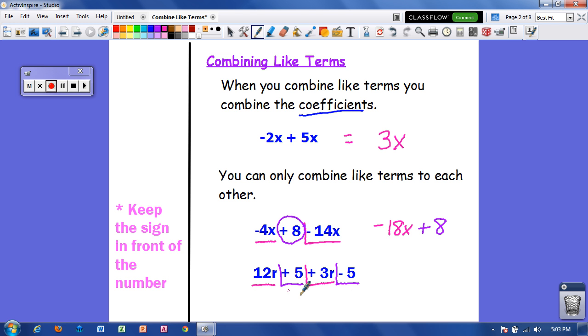So 12r plus 3r, 12 plus 3 is 15, so that would give us 15r. Now, this is adding 5, but we're going to treat it like a positive 5 since the plus sign's in front of it. So we have a positive 5 minus 5, which we know is 0. So we don't even have to write anything here because we know that just means 15r.